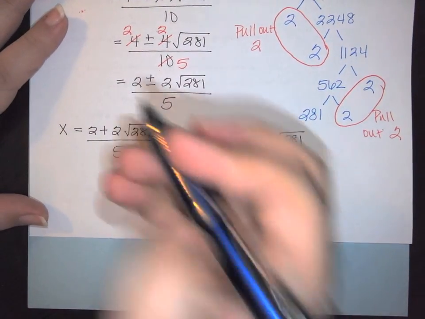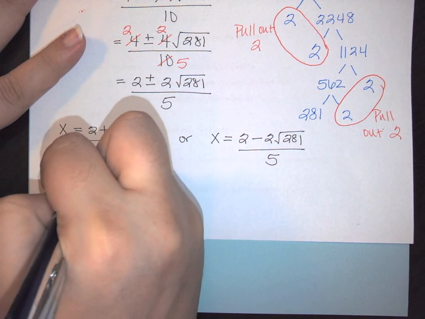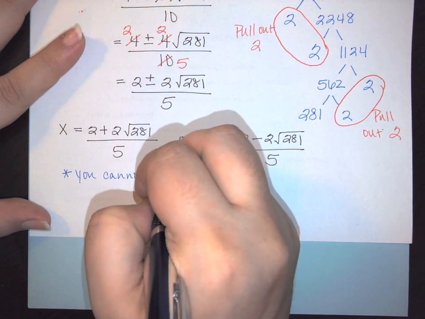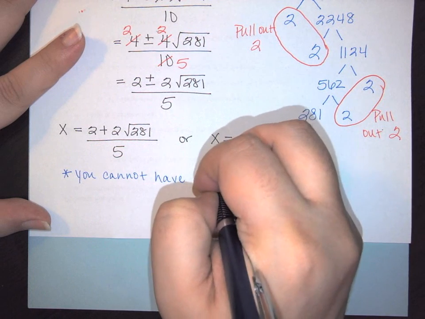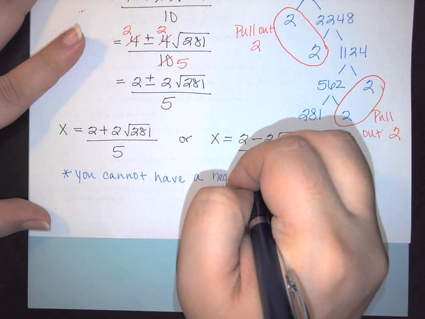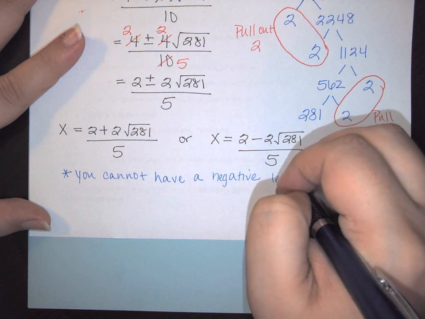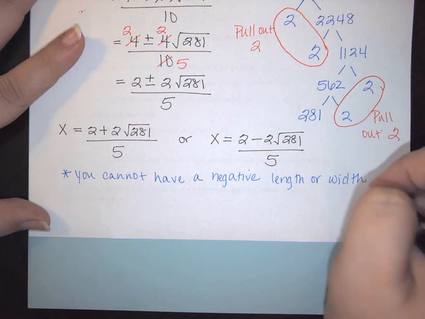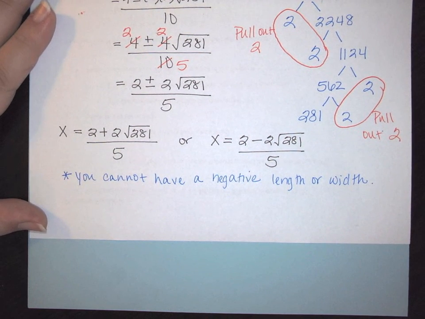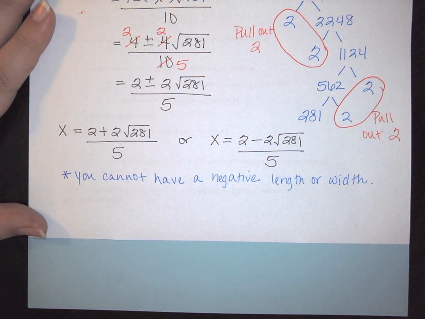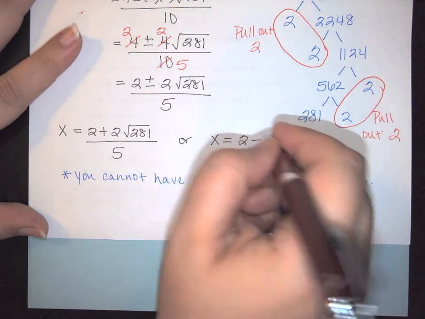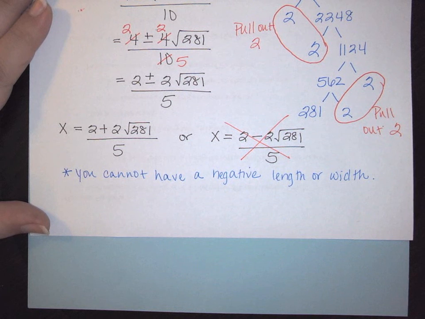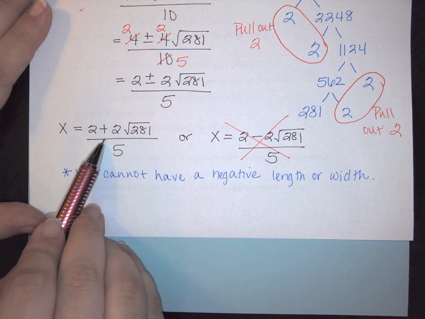The biggest thing you need to remember is that you cannot have a negative length or width. So in this case, I would be very safe to say that this subtracting side we're going to get rid of, which means we're going to be left with the positive.